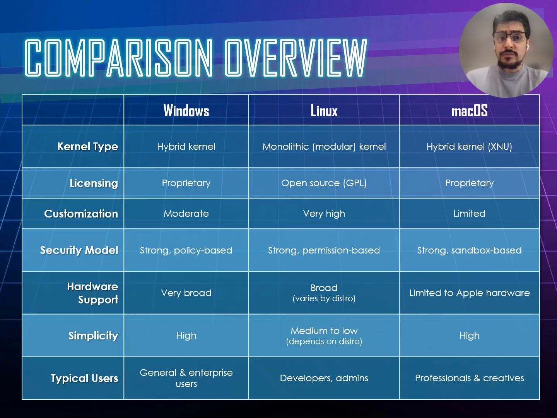All three platforms offer strong security, but through different models: policy-based on Windows, permission-based on Linux, and sandbox-focused on macOS. Also, Windows and Linux support a broad range of hardware, while macOS is limited to Apple devices.